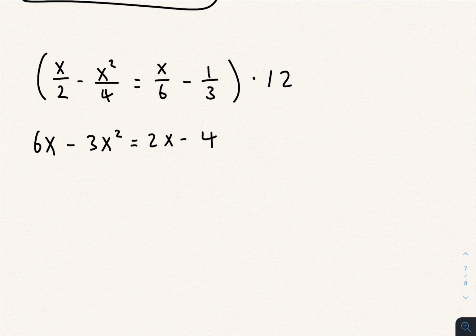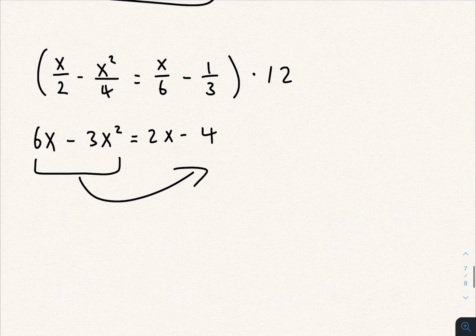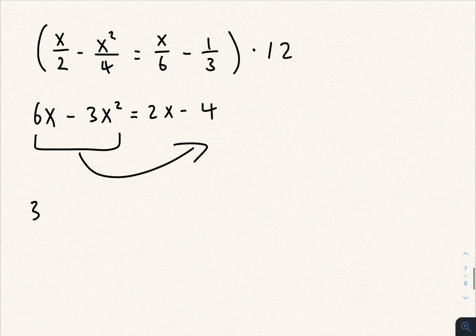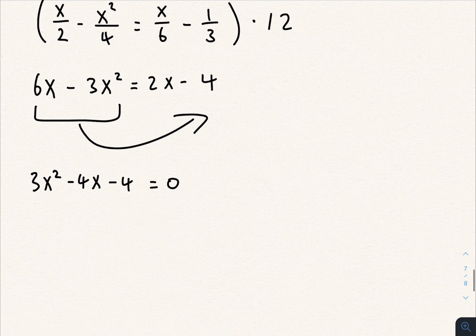What I'm going to do here is move everything to one side. So everything here, I'm going to move to the right side. That would give us 3x squared minus 4x minus 4 is equal to 0. If I factor this, we get 3x and x. Let's see.